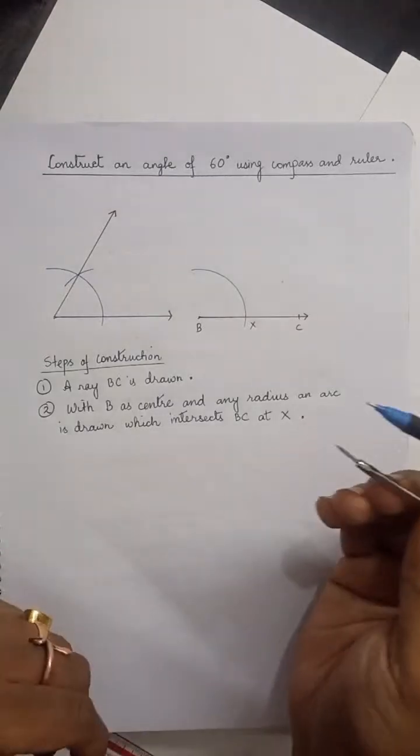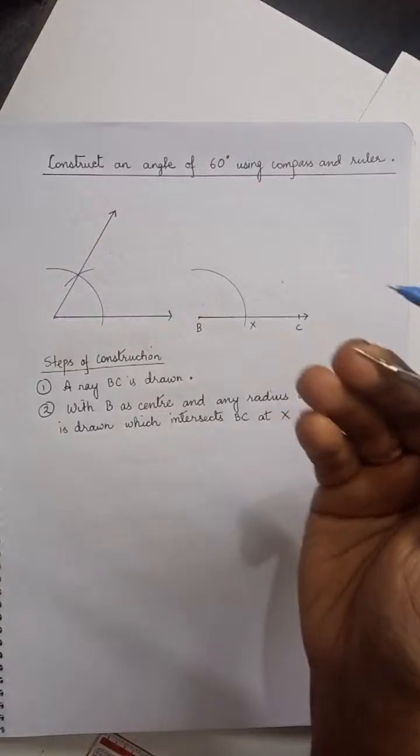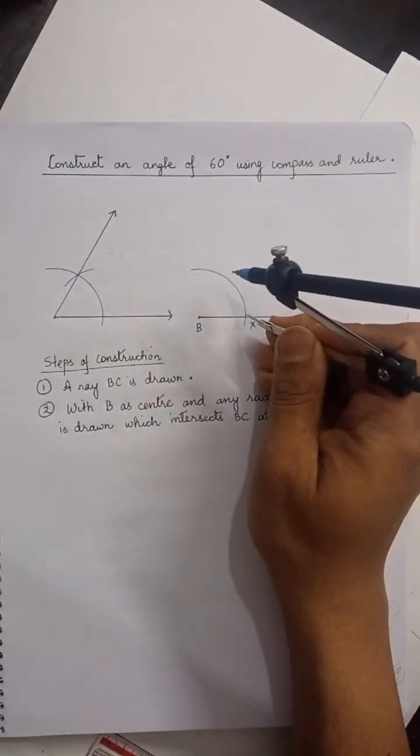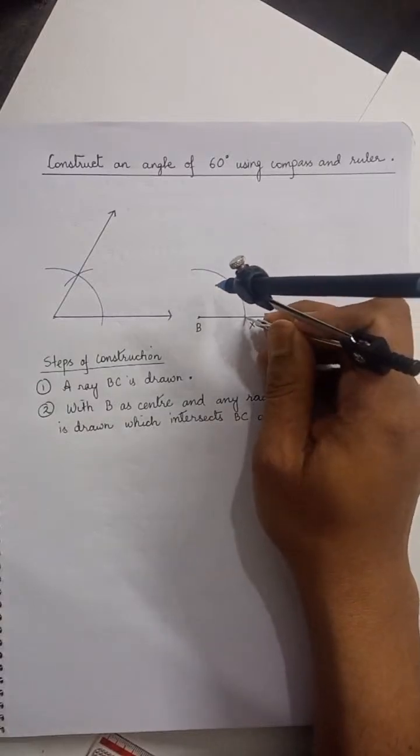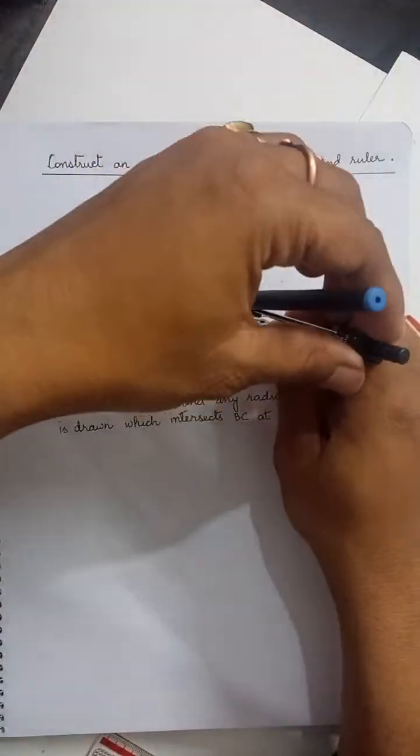Now without changing the radius, we placed our compass tip at X and drew one more arc.